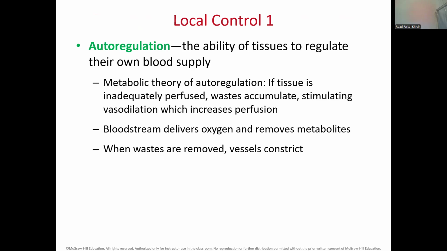Increase them, yeah, because you want blood. I'm suffocating. I'm running a marathon, I have so much carbon dioxide building up. Increase blood vessel so blood can come to me. That makes a lot of sense. What about the opposite? If the tissue has enough oxygen, it doesn't have acid, then it's going to reduce blood flow to itself. That's an example of autoregulation based on the status of the tissue.